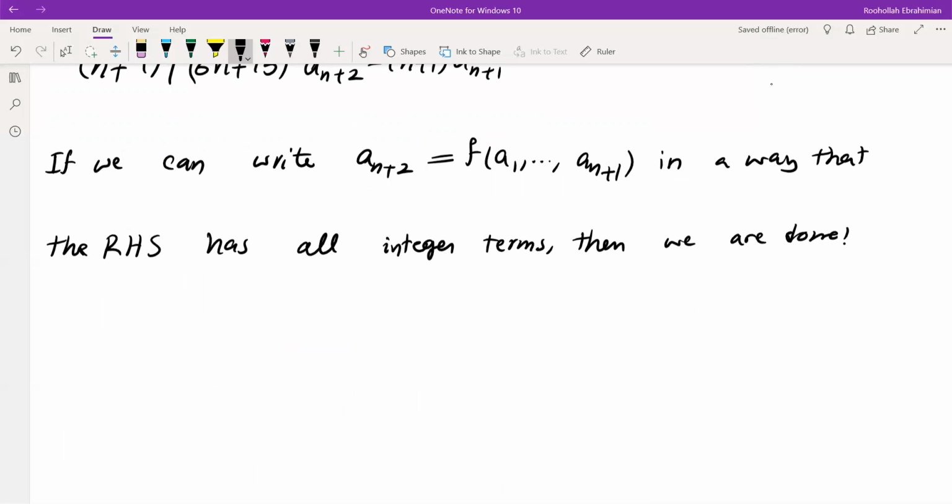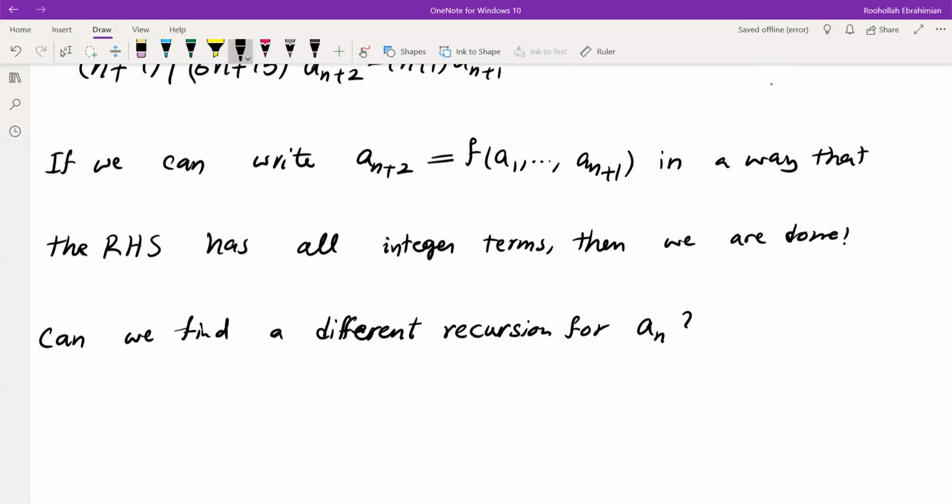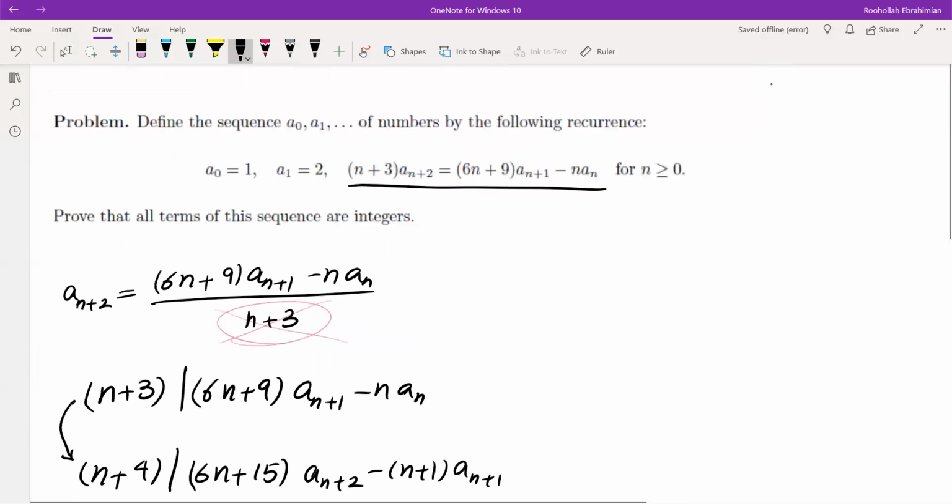Maybe I can show that a_n is in fact going to satisfy a different recursion. So can we find a different recursion for a_n? If I can, then I should be able to solve the problem.